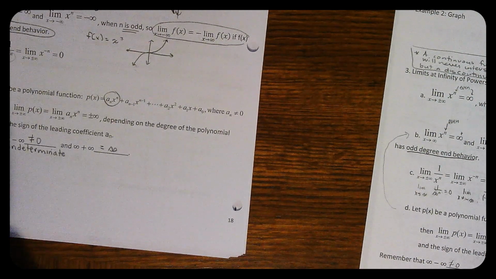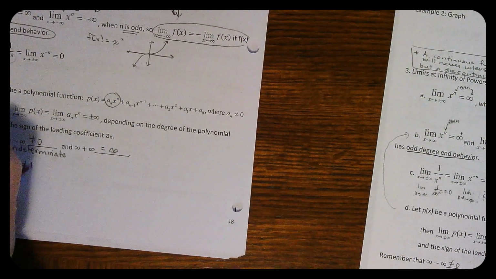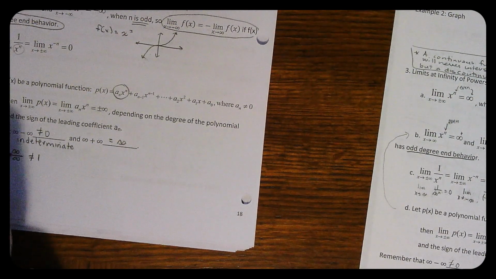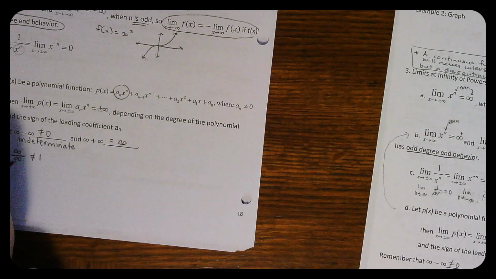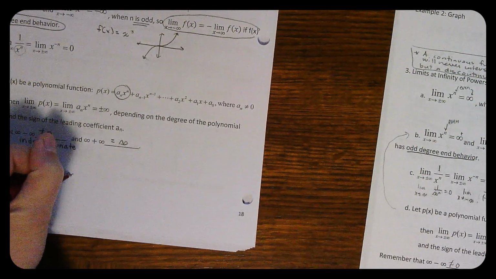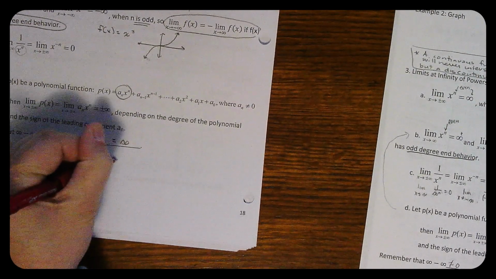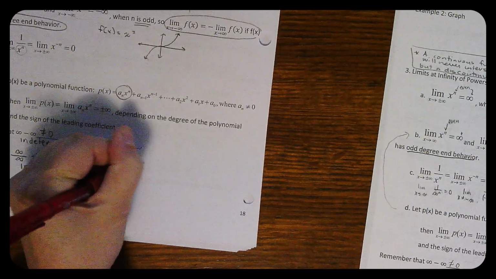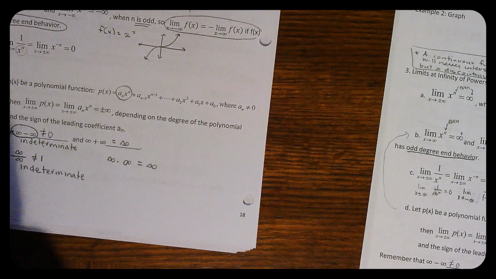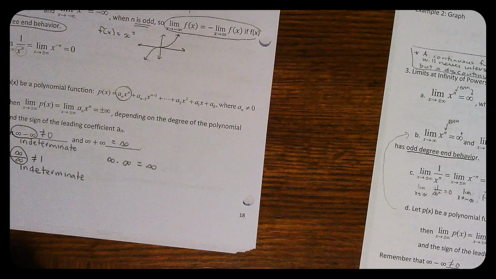Same thing if you get infinity divided by infinity, that's not equal to 1, because infinity really isn't a number. It's more of an idea. This might be bigger than that infinity. So that's also an indeterminate form. But if you get infinity times infinity, that would be infinity. So keep in mind that you can't stop with infinity minus infinity or infinity divided by infinity. Those are indeterminate forms.